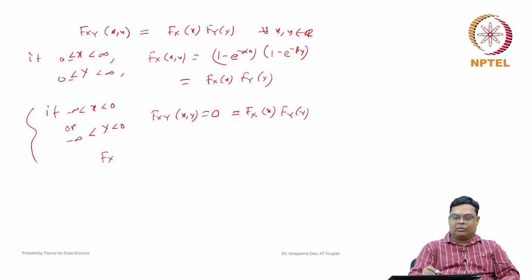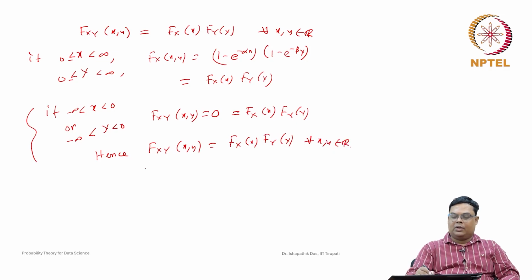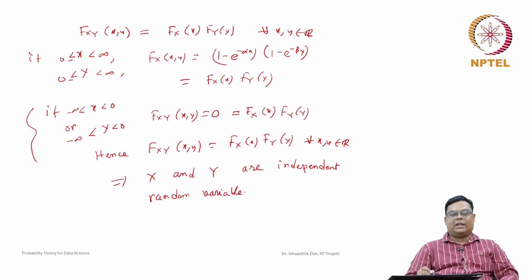Hence, F_XY(x, y) is equal to F_X(x) into F_Y(y) for all (x, y) belonging to the real numbers, which implies X and Y are independent random variables. Hence, we can see that X and Y are independent random variables.